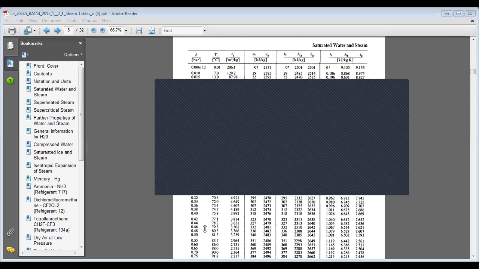You have no idea about H3, but you can get HF, the liquid phase, and the gas phase HG, and SF, SG. Okay, you can get those values.